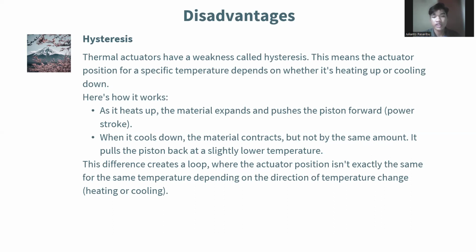Point 2, when it cools down, the material contracts but not by the same amount. It pulls the piston back at a slightly lower temperature. And last, this difference creates a loop where the actuator position is not exactly the same for the same temperature, depending on the direction of temperature change, whether heating or cooling.